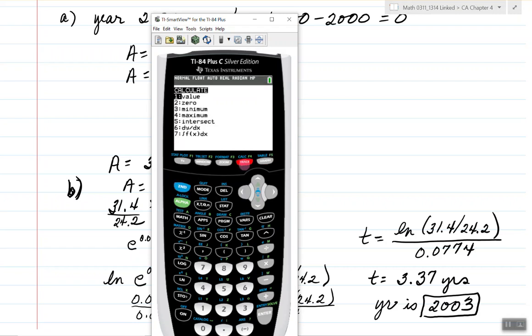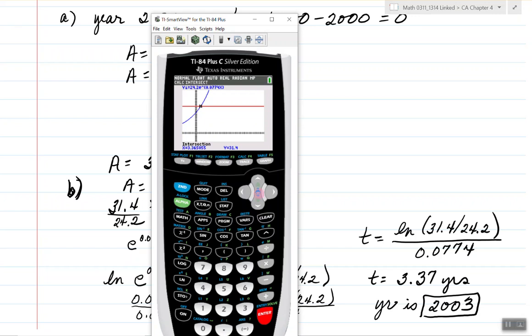Second intersect, number 5. And I toggled so that I am traveling along the horizontal line. Remember, when you're given a y looking for the x, you use the y equals and then intersect. And there's my number, 3.365. That's 3 years after 2000, so it's 2003.